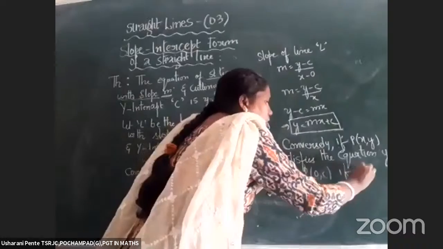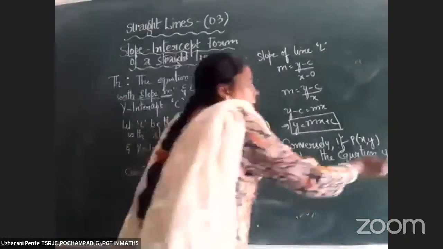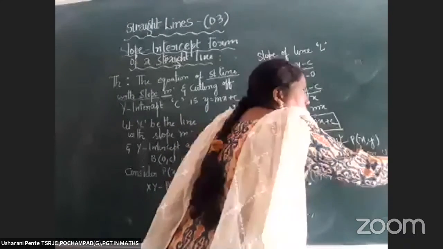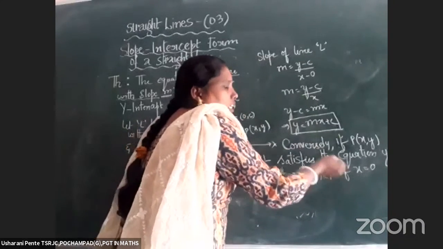If x equals 0, substituting m into 0 gives y equals c, so the y-intercept is c. That point is (0, c), so P is (0, c).